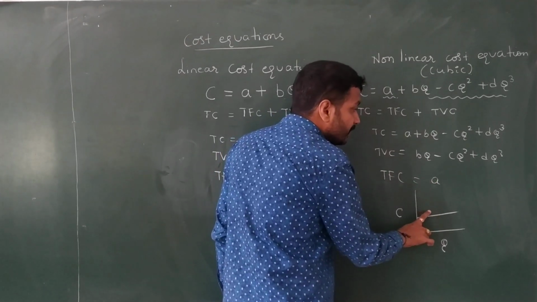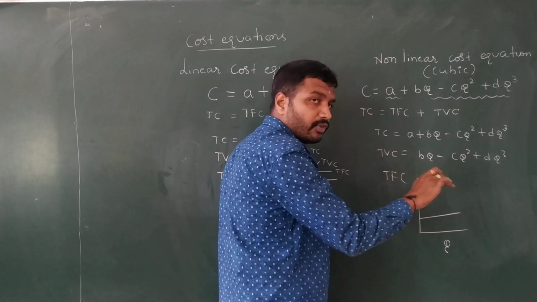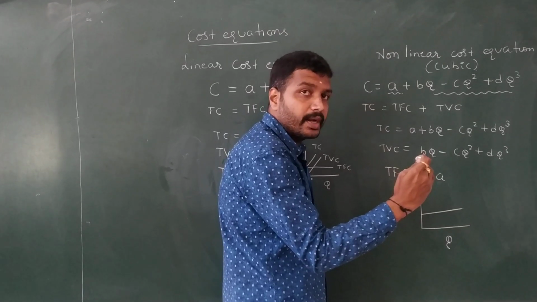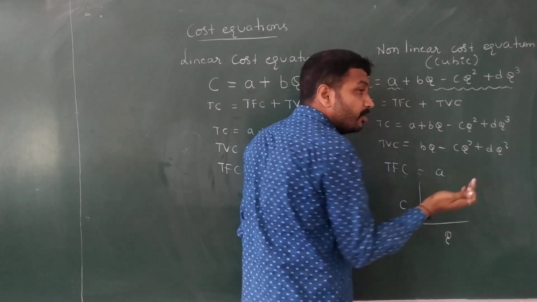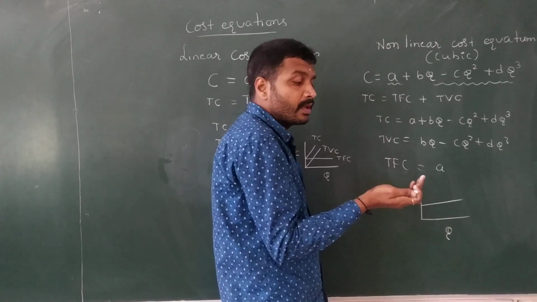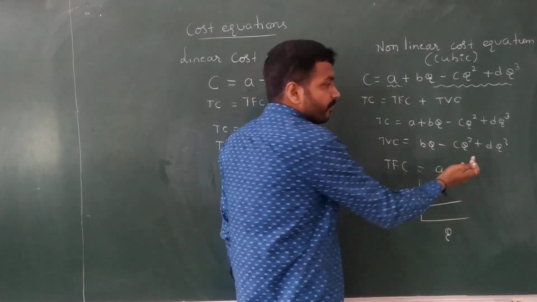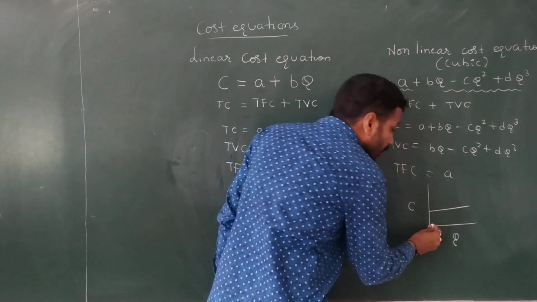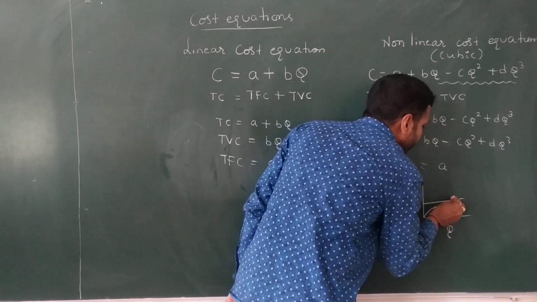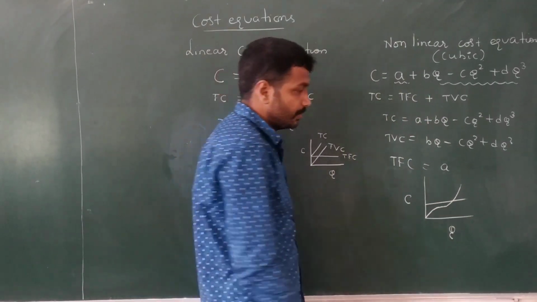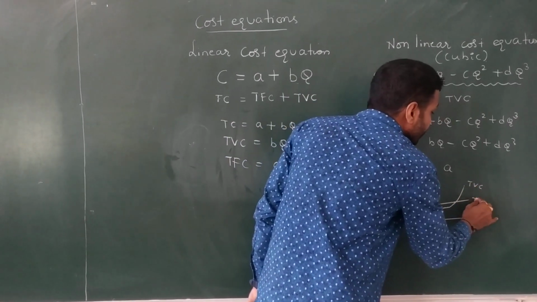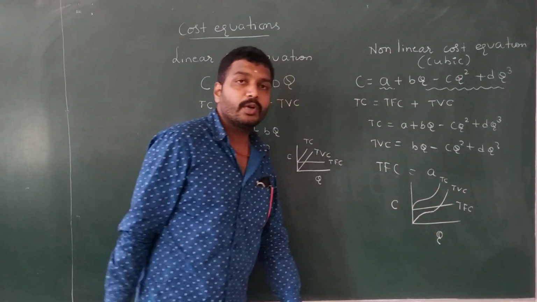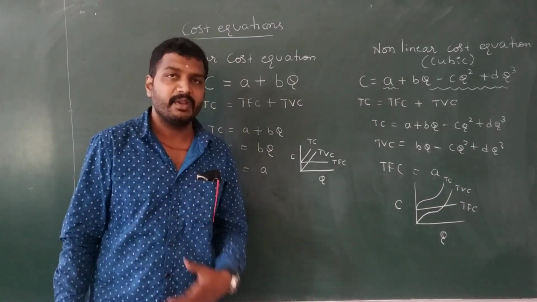BQ means it is linear, the minus term means it falls, CQ² means in a non-linear way it shows a declining trend, then again it moves positively because of the plus sign, but in a curvilinear manner, such that when we plot this, it is an inverse S shape. This is the shape of TVC, this is TFC, and this is the TC. This much we studied in our previous class.